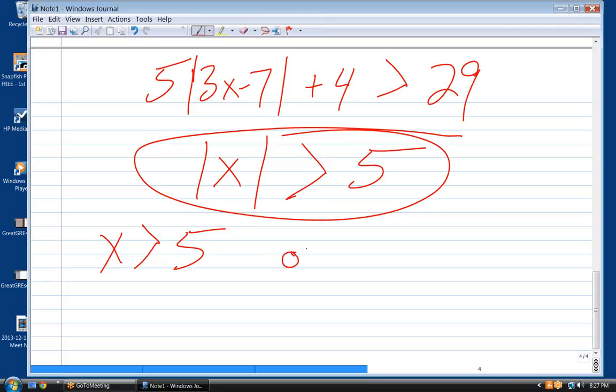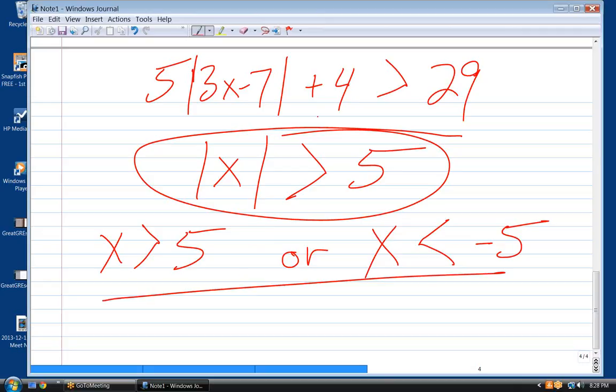Or, never change what's inside, x. In this case, you have to change the direction and the sign. So understanding what I have circled here, what it means is important towards solving all of these harder ones.